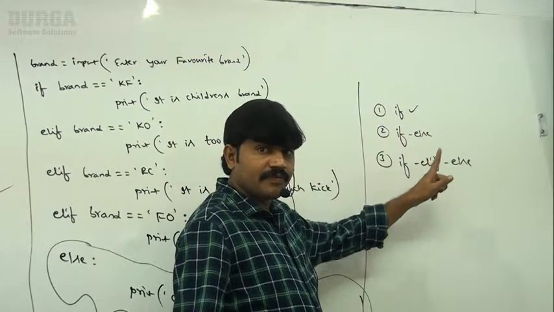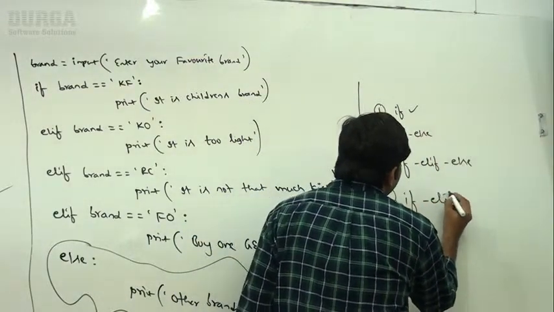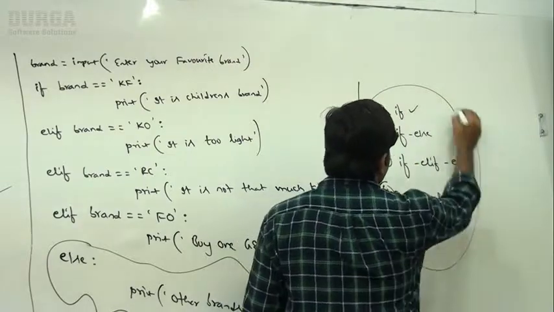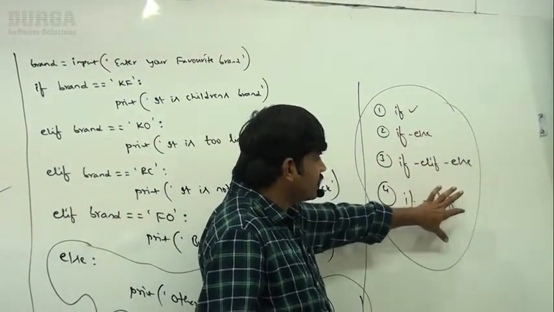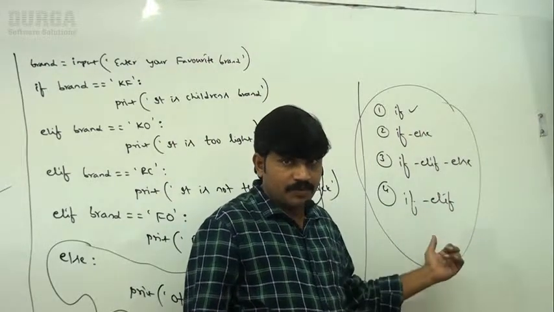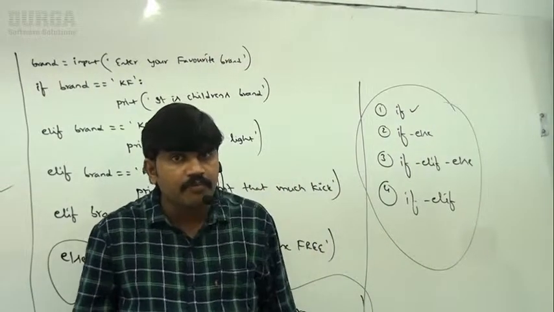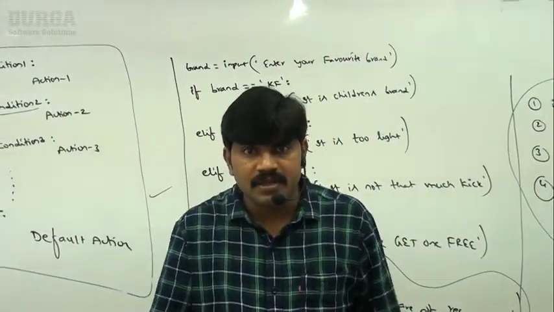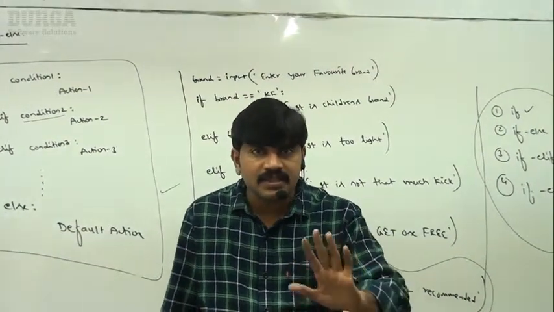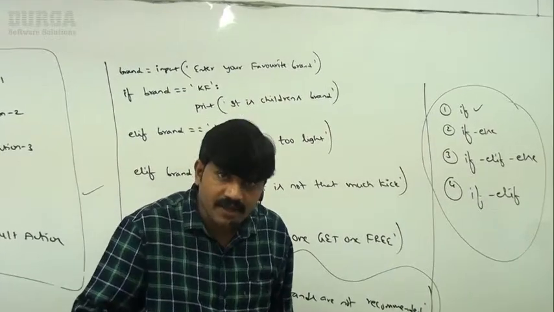Next, fourth one, if elif is also possible to use. So these are the four styles you can happily use. Remember this one, sir. Any doubt about this? Next, one more very important point. Switch statement concept is not available in Python. These are the only selection statements we have. Clear, right?